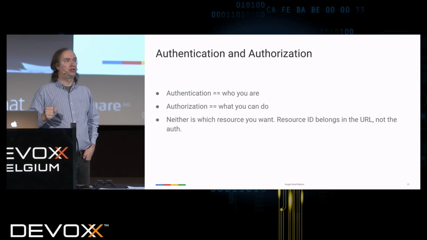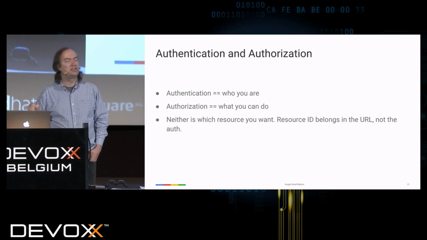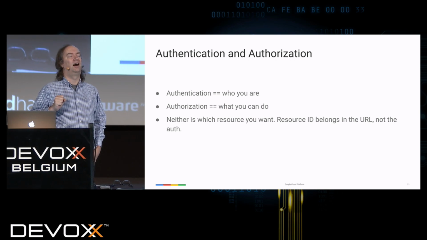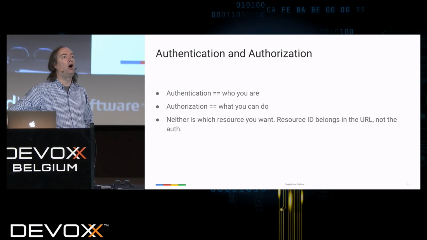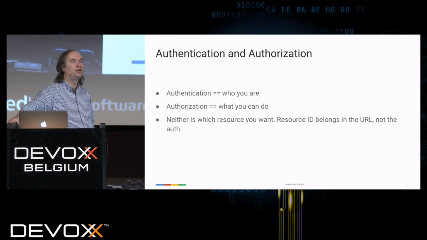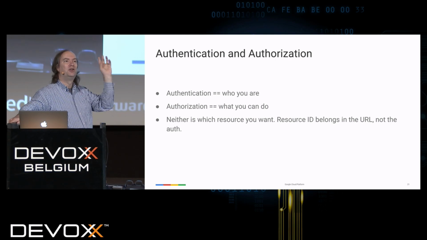And then the third question, this is the one that has gotten wrong more than any other. Authentication is not what resource you want. Authorization is not what resource you want. That's in the URL. People get this wrong on the web all the time. An example would be almost any email provider you look at, where it will be www.example.com/mailbox. And that gives you completely different data depending on whether you're logged in as foo@example.com or bar@example.com. That's not right.